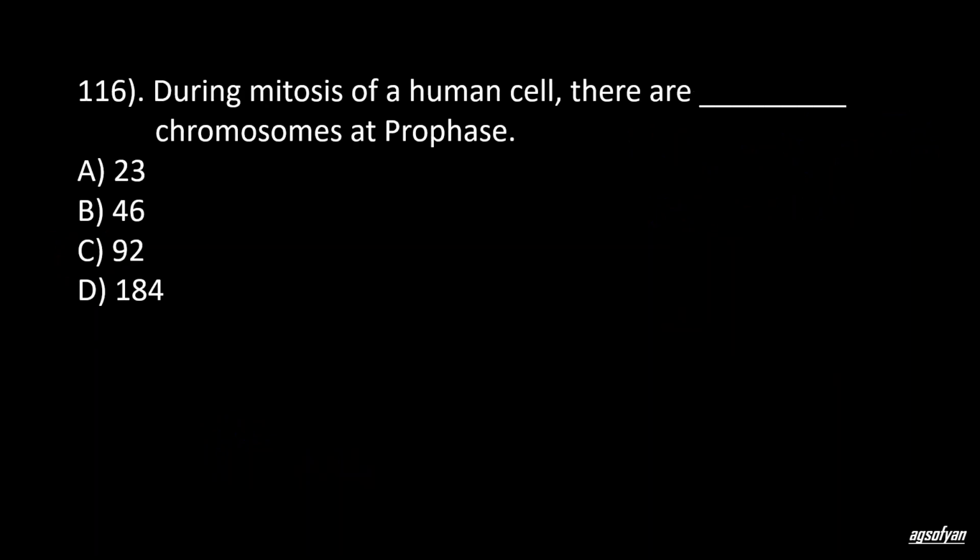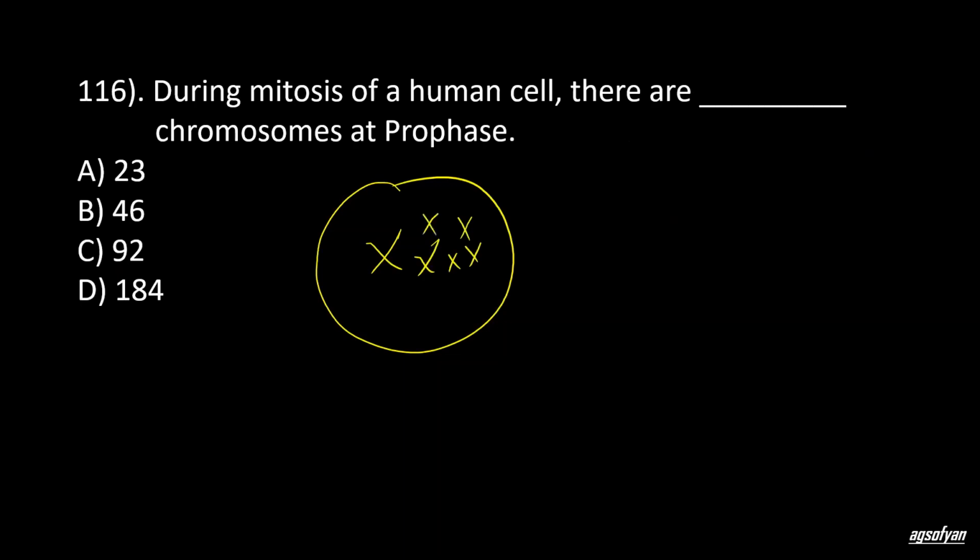During mitosis of a human cell, there are blank chromosomes at prophase. Prophase is when the chromosomes start to condense, but they are not dividing yet. Therefore, the number of chromosomes will be the same, which is 46.